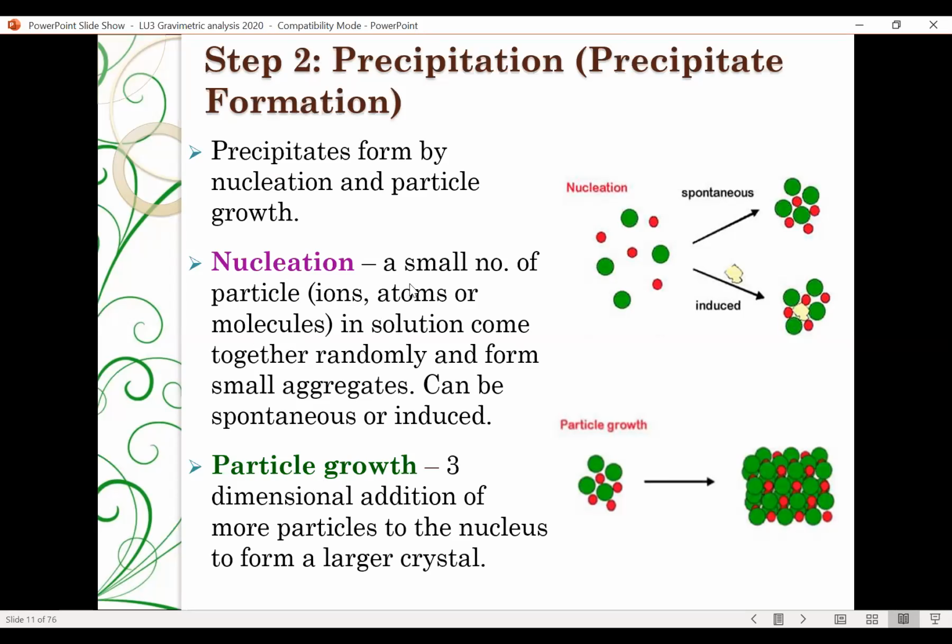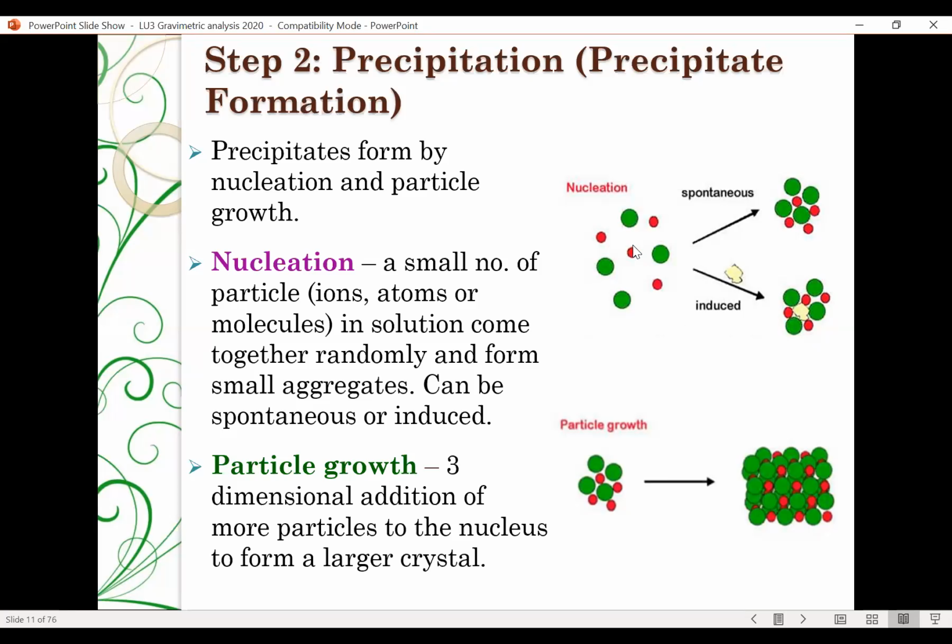Nucleation is a small number of particles in the form of ions, atoms, or molecules in solution which come together randomly and form small aggregates. It can be spontaneous or induced. Spontaneous means they come together spontaneously, but induced means you have to add something in order to make them come together. Come together means they bind with each other.